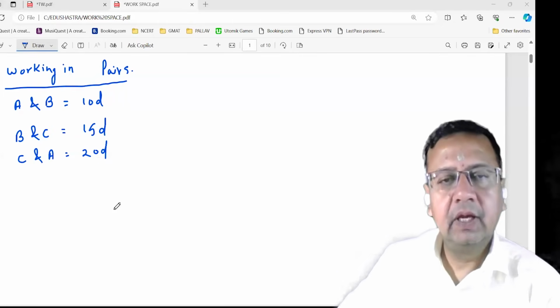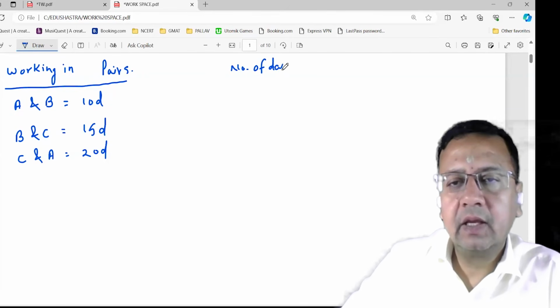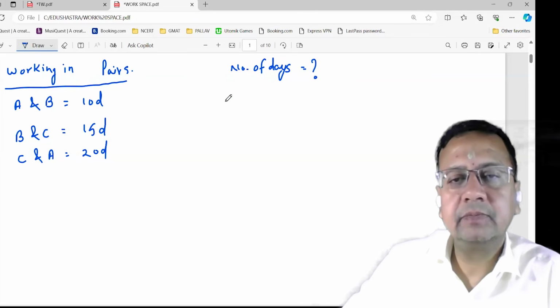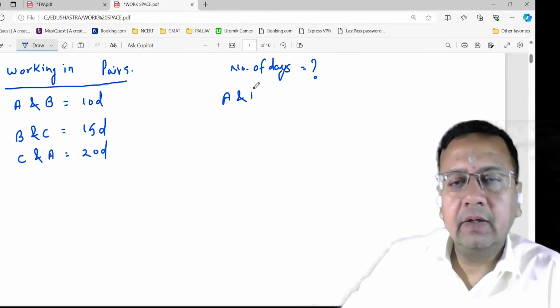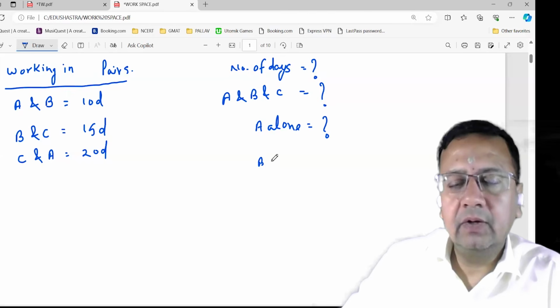Individually, I have to calculate the number of days for the work to be finished when A, B and C all are working together, when A alone is working, B alone is working, and C alone is working.